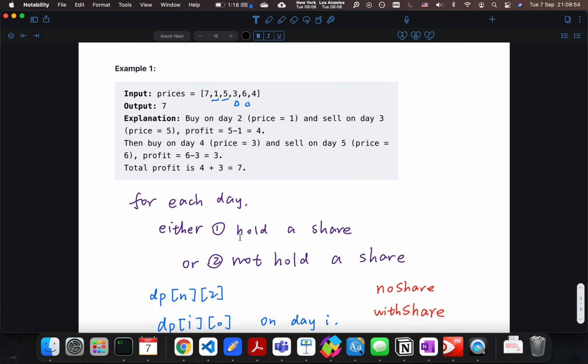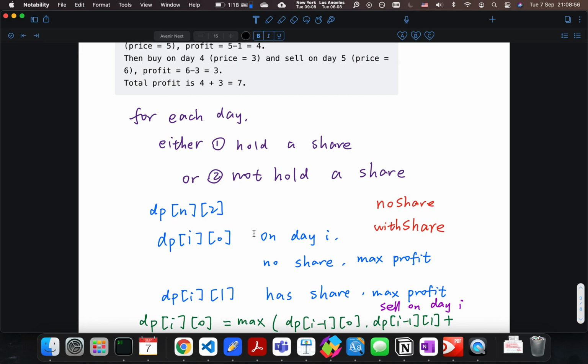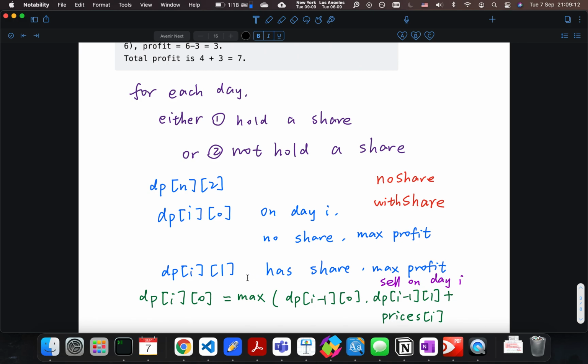For example, if today we don't have a share, the possible state of yesterday is that yesterday we don't have a share either, or yesterday we have one and today we sell it. The same, if today we have a share, the possibility is yesterday we also have a share, or yesterday we don't have one, but we buy a share today.